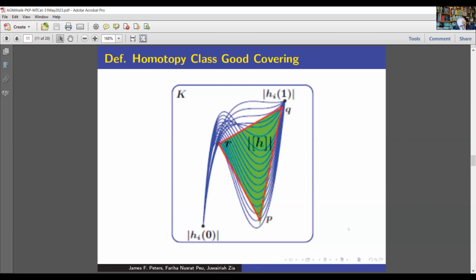The ordinary triangle is a subset of the union of these, if you have enough of them. You have to have enough of these maps to make it work. Then the triangle is a subset of the union of those homotopic maps or curves. The other thing to notice here is that the geometric realization of each one of these maps is contractible.